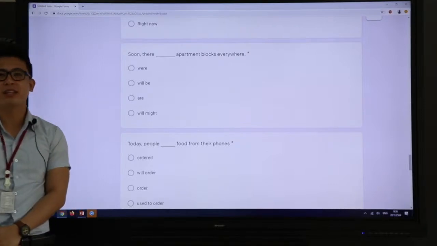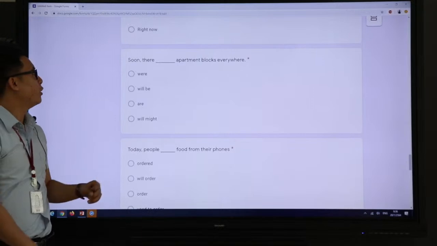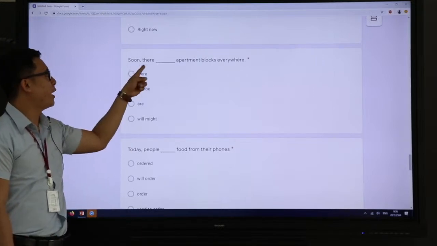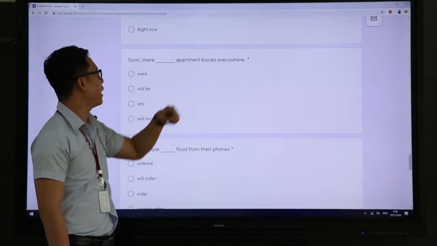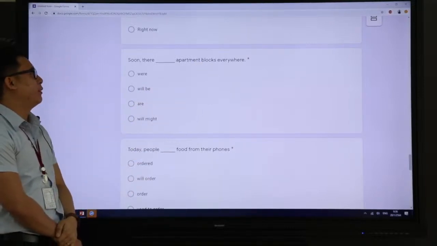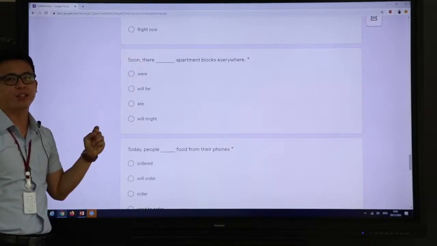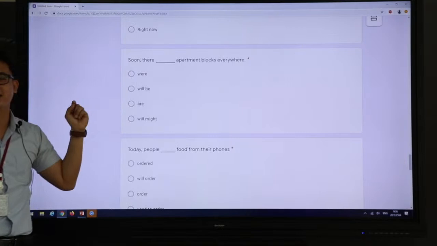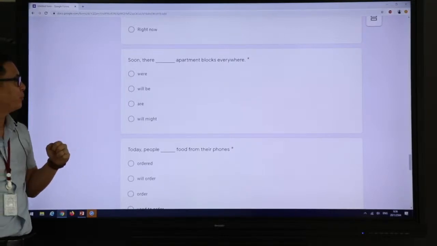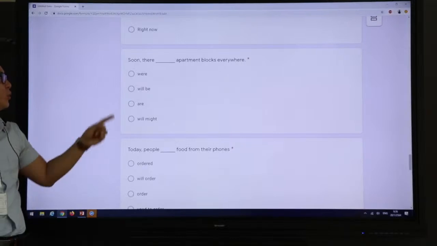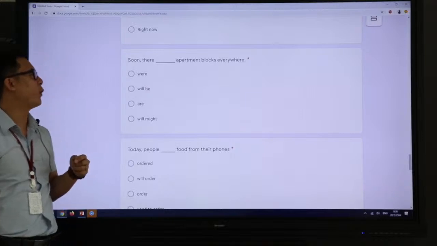All right, now this I want you to fill in the correct answer. Okay. Soon, their blank apartment blocks everywhere. So we have the word soon. Okay, your time expression is soon. So what is this? Is it past, present, or future? Soon there were apartment blocks everywhere.